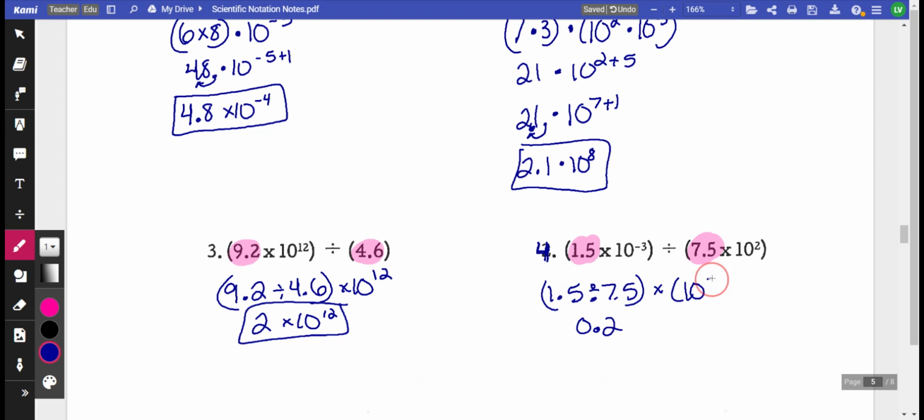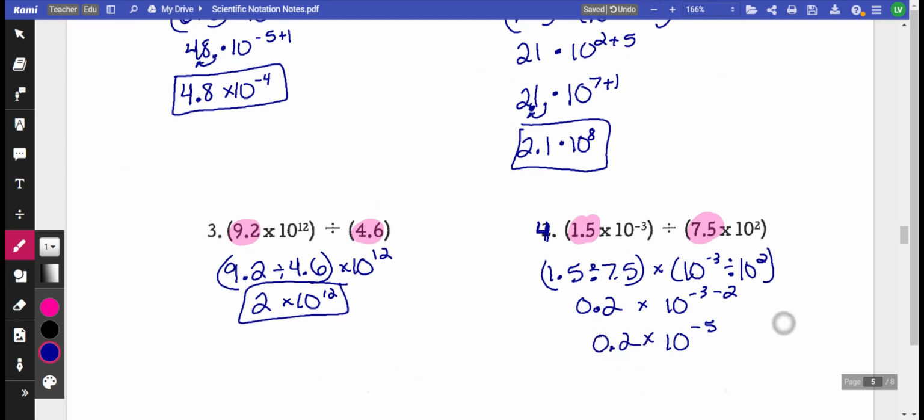I'm going to take 10 to the negative 3rd divided by 10 squared. So because I'm dividing my bases, I want to subtract my exponents. Negative 3 minus 2. 10 to the negative 5th. 2/10 times 10 to the negative 5th.